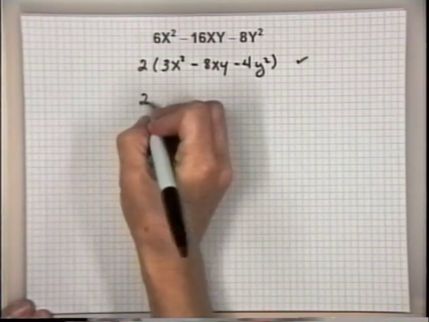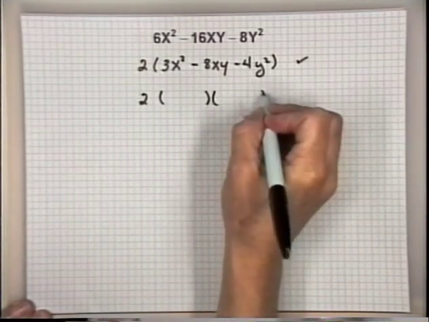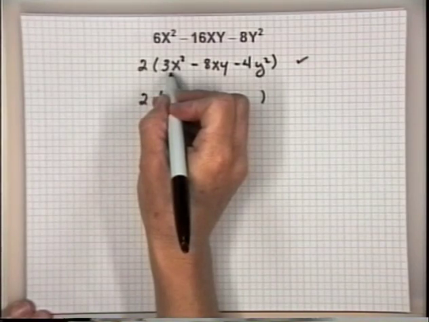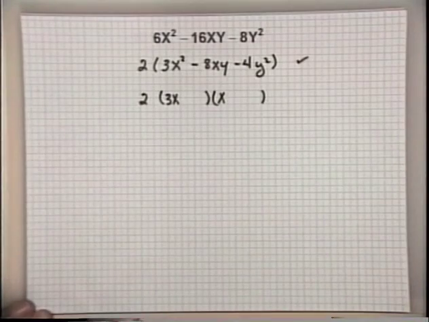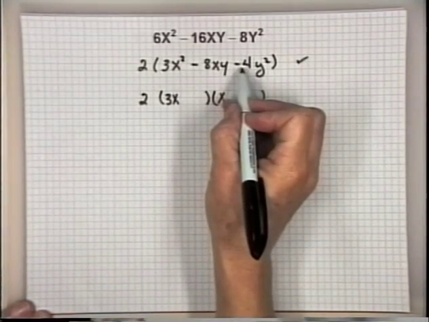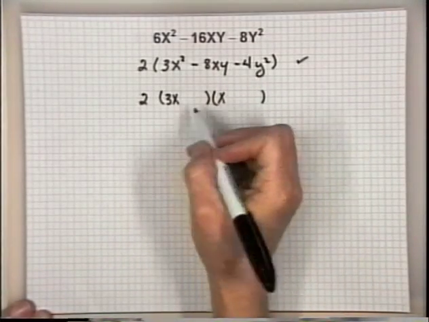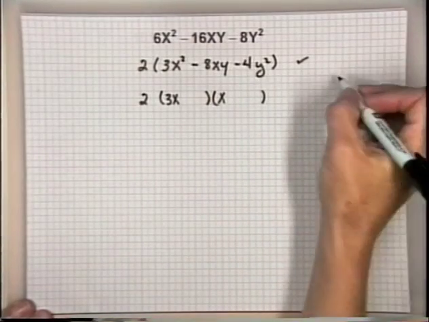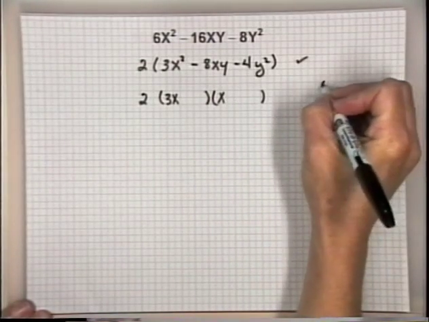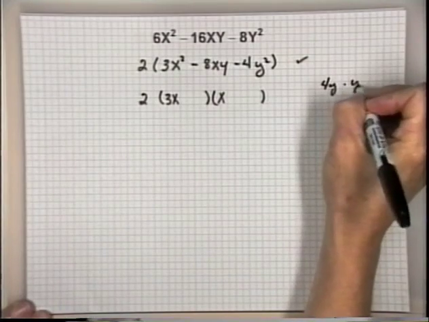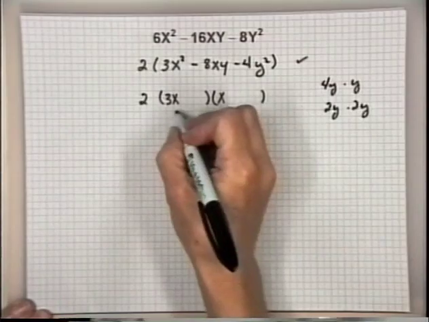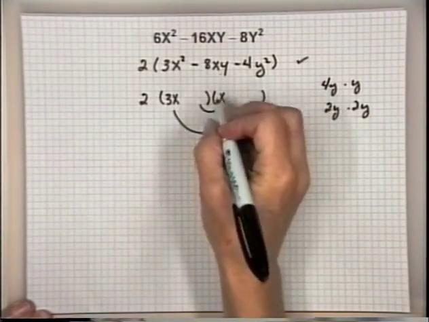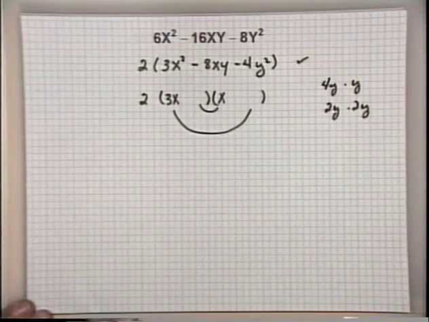Now let's see if we can factor this trinomial more. The only choice for my first term here would be 3x times 1x. I will have opposite signs in my two factors. My choices for this third term are 4y times 1y or 2y times 2y. We want our outside plus inside product to be negative 8xy.